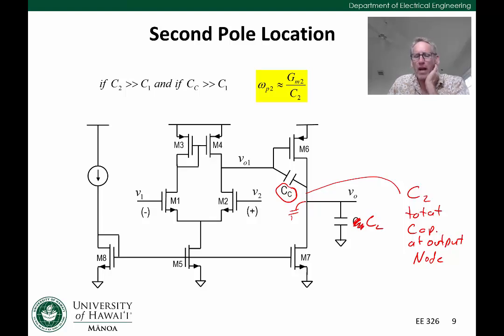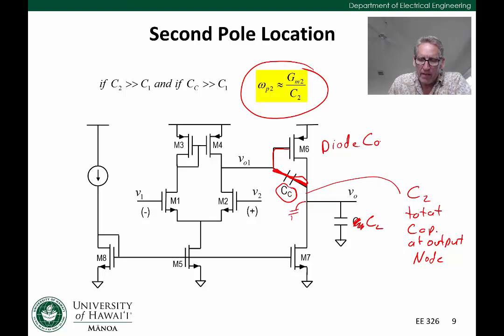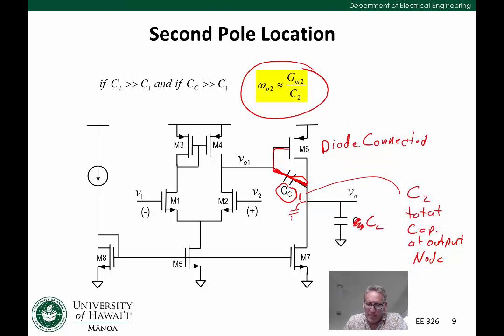So how do we end up with this value of GM2 over C2? Well, one way we can think about it is that at high frequencies, the compensation capacitor starts to short. If CC starts to short, then essentially we've turned M6 into a diode-connected device. If M6 becomes diode-connected at high frequency, remember the impedance seen looking into a diode-connected device is approximately 1 over GM6.